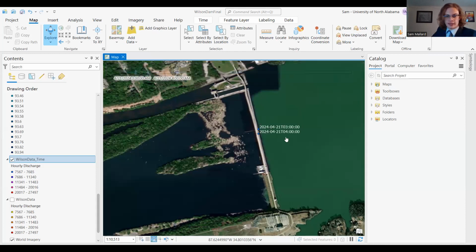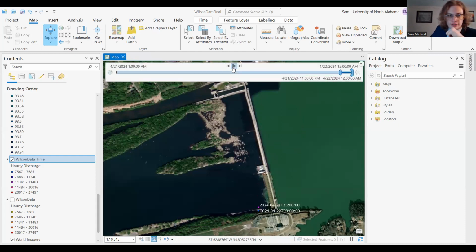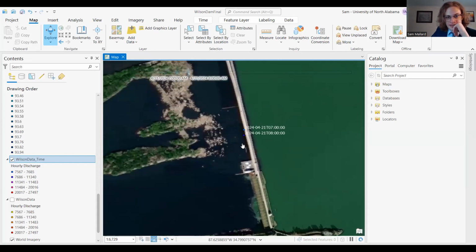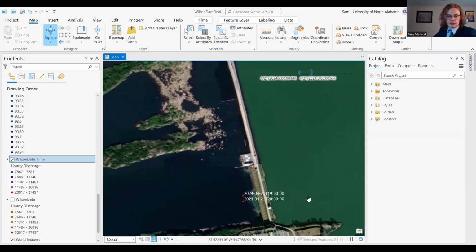But you can see throughout the day it has the hourly discharge and picks up around 10 o'clock, and then around 3 and 4 it stops again, and then goes up around 4 again. I'll do this one more time just so you can see it. You can see it making its way, and then again around 10 o'clock. And then it's just higher from here until about the next day. And that is about how much hourly discharge there is.